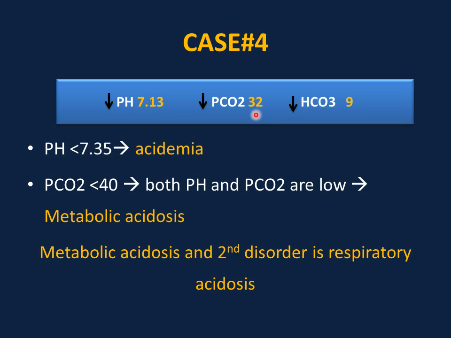Even though it's still less than 40, this is not appropriate, it's much more. And to confirm, also using the Winter's formula in the previous slide shows 21.5. So still it is a big difference. So this patient is having a separate or independent respiratory acidosis. So finally, this case is metabolic acidosis, and the second independent disorder is respiratory acidosis.